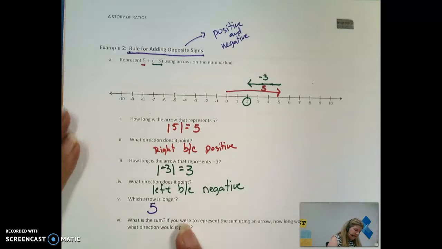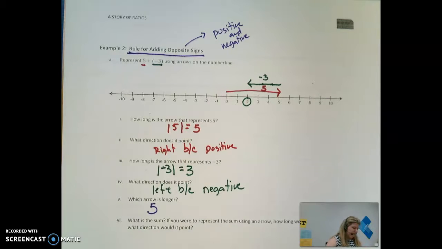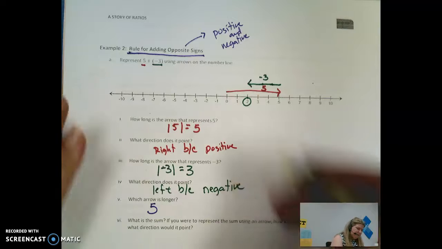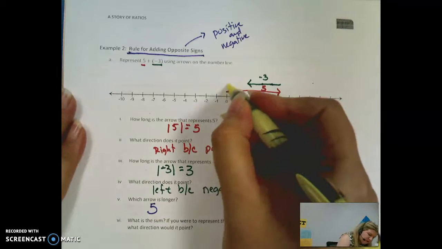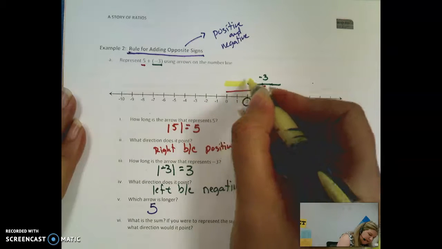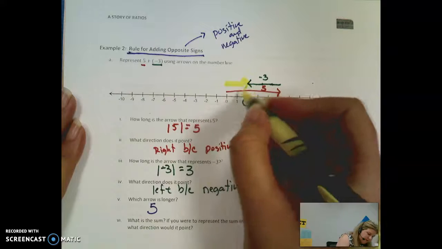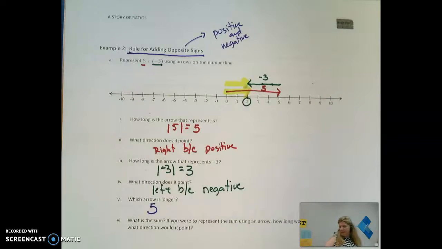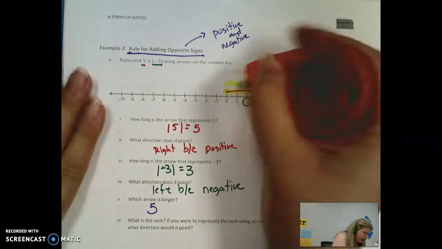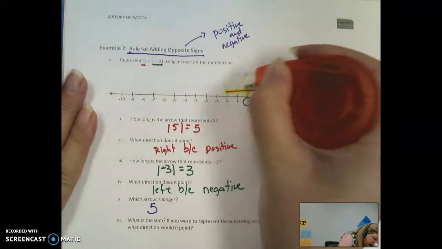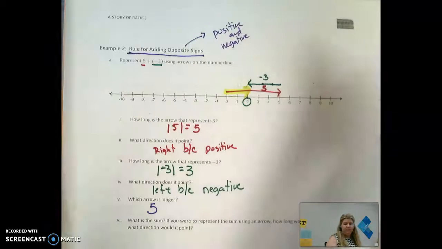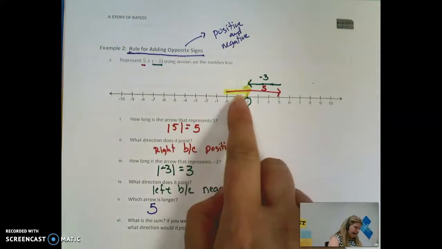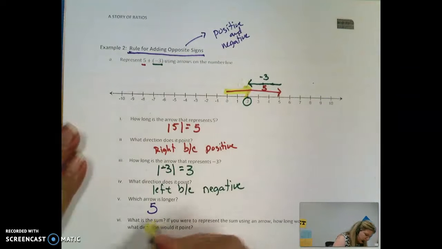What is the sum if you were to represent the sum using an arrow? Ooh. So the sum is 2. So using an arrow, that would be here. Maybe I like it a little better just on top of that one. Okay, yeah, I like that better. So, right here's the sum.